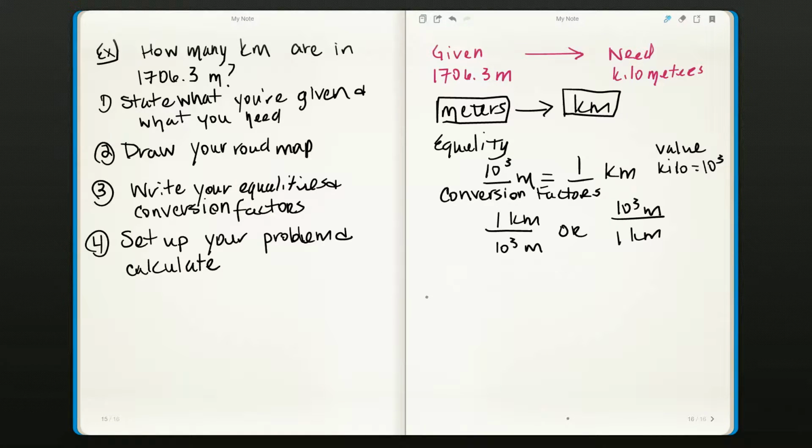Okay, so now we have everything that we need in order to set up our problem. So remember, start with what you're given. So you were given 1706.3 meters, and then we can draw our railroad.